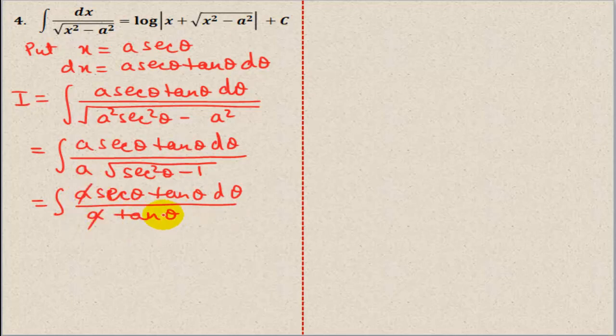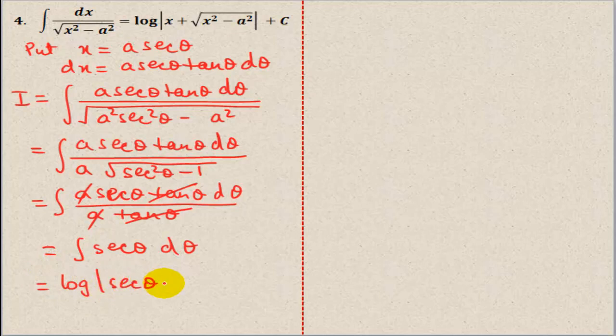So you can see we are able to eliminate a, we are able to eliminate tan theta. And finally, we are left with integral of sec theta d theta. So recall the integral of sec theta. It is log of sec theta plus tan theta.